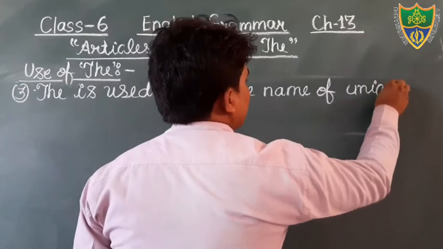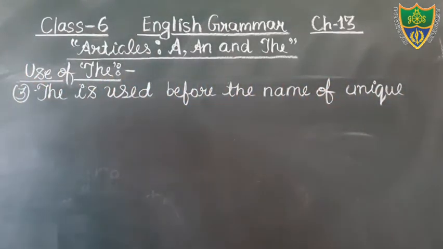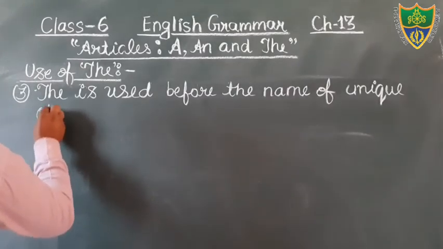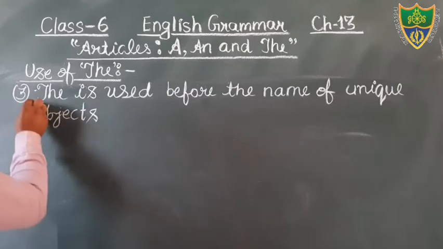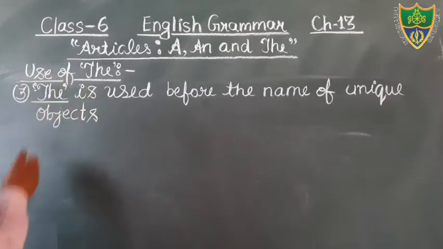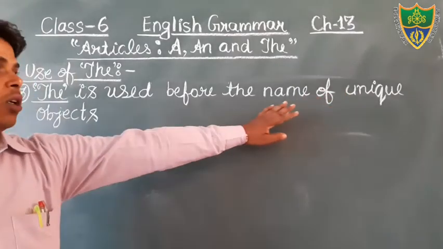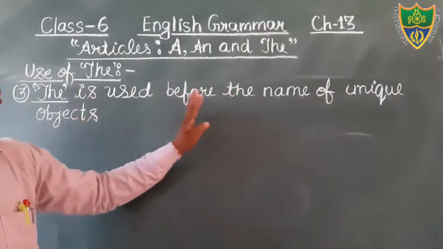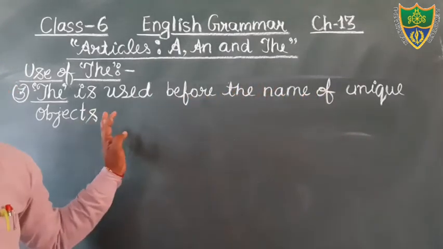Unique means special, but that is only one. Just see, the is used before the name of unique objects.